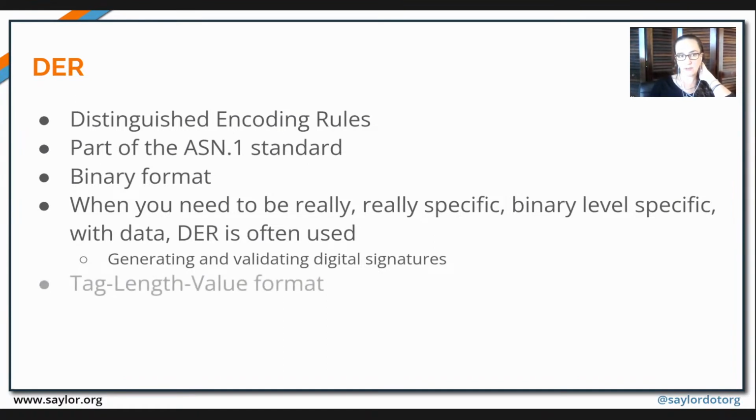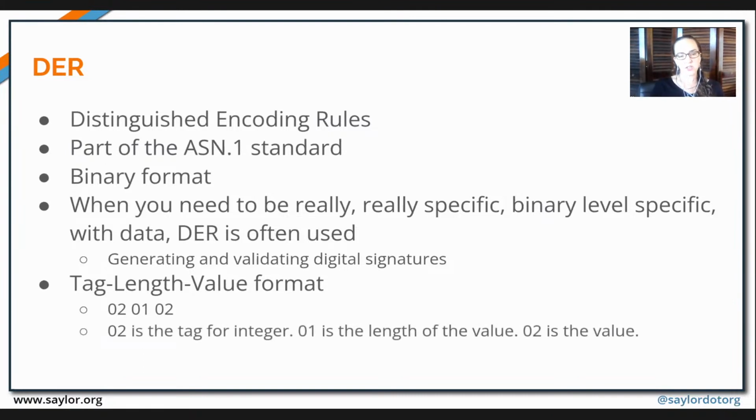This will be what it looks like. Now, DER is often shown to humans in, I believe, hex format. Again, we won't get too in depth, but if you want to look at some DER data, you can actually spot this tag-length-value format that it uses.